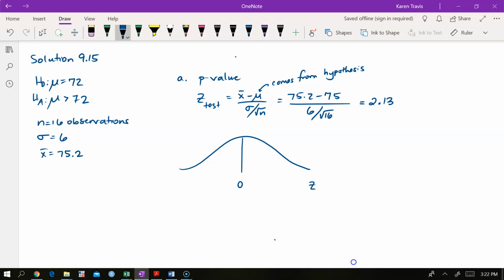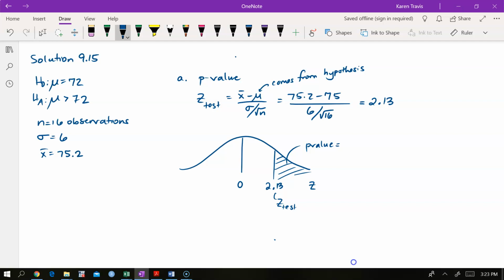So in order to get the p-value, we have to look at our z distribution with z is 2.13. And then the p-value is associated with the tail that matches the alternative hypothesis. The alternative hypothesis had a greater than, so the p-value is the tail that goes with the z-test, and the size of this tail can be found from looking it up in the normal distribution table.